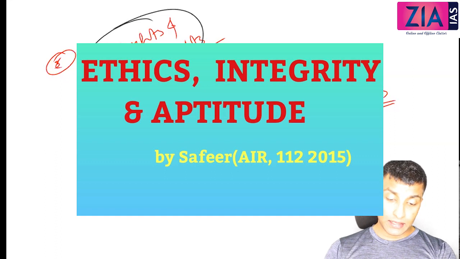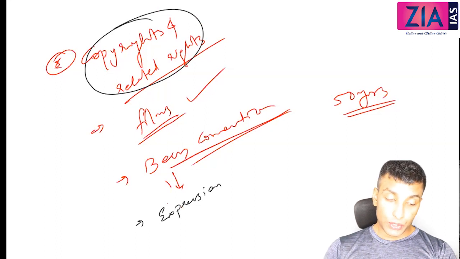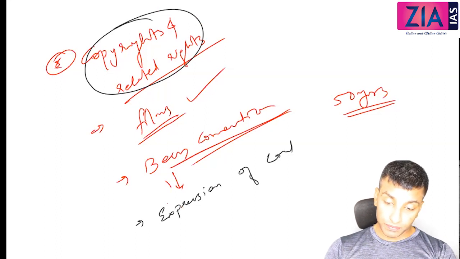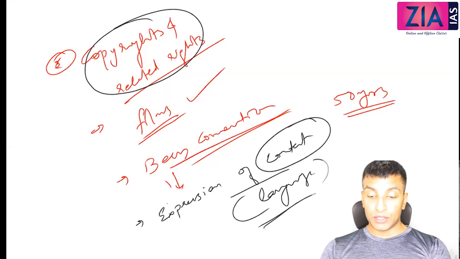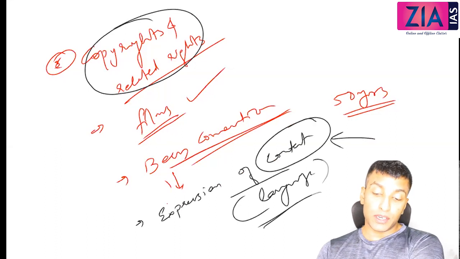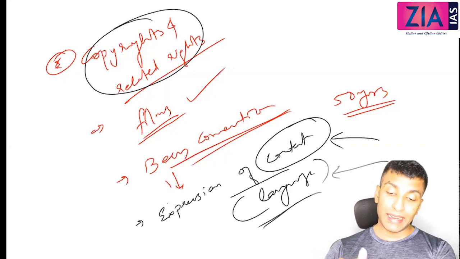But what is protected is the expression of the content. That means what? Language mainly. Okay, so expression of content is protected. That means mainly language, not the content itself. So you cannot write the same language, but you can interpret in a different way.